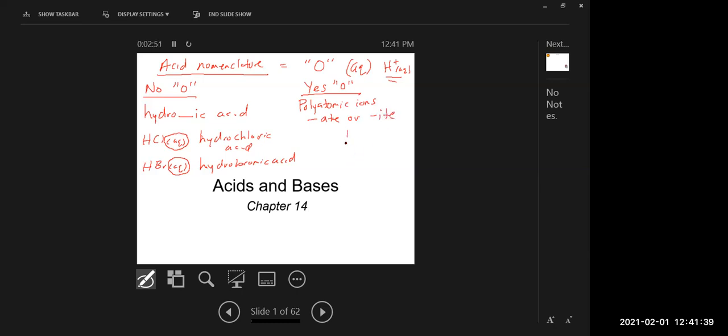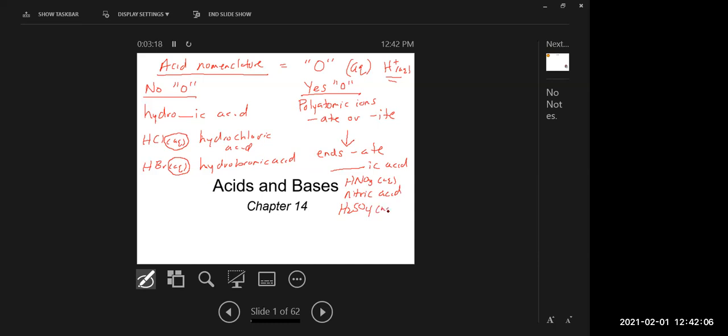So if your polyatomic ion ends in ate, you name the acid something-ic acid. So HNO3. NO3 is NO3 minus, which is nitrate. So this is nitric acid.